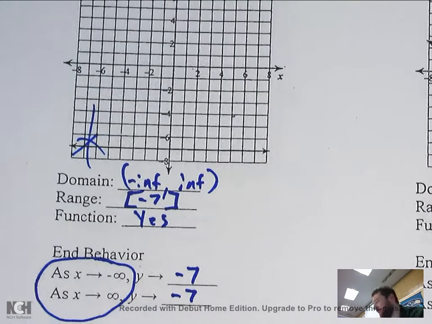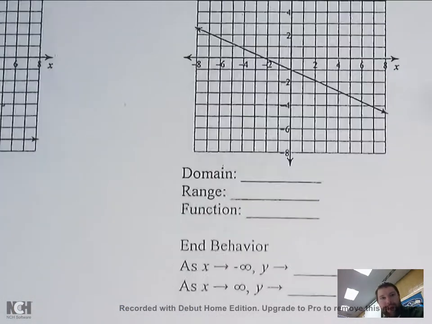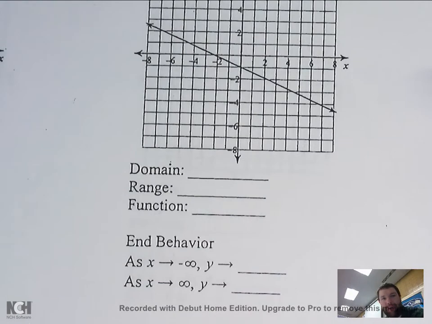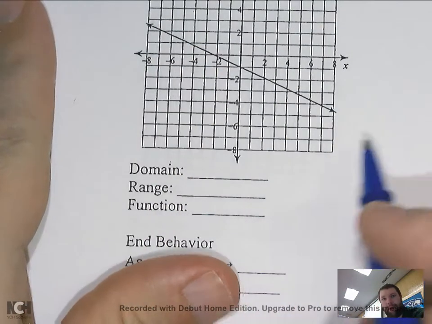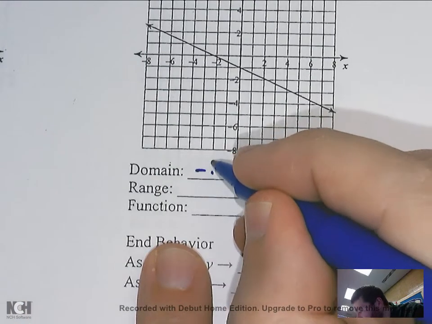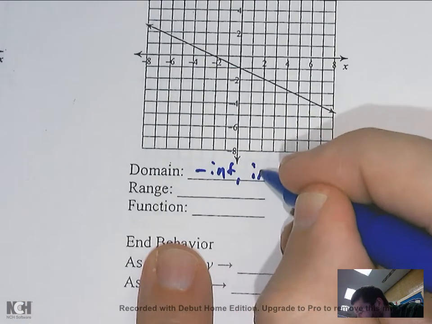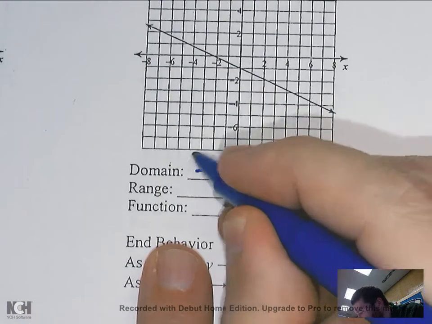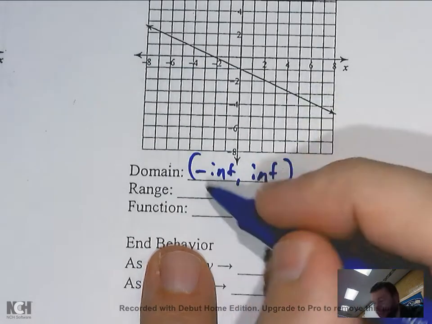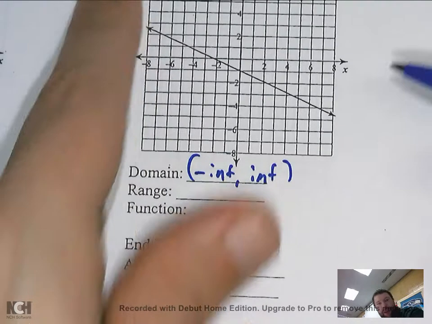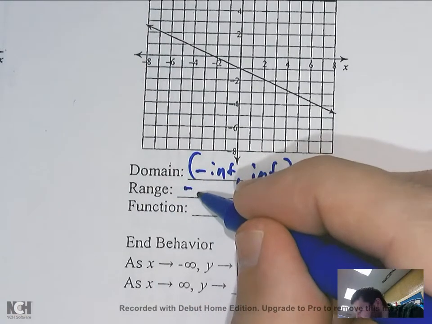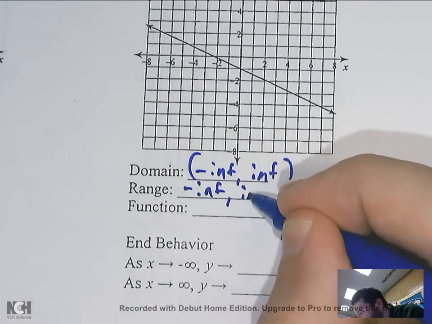Okay? I'll do one more, just to make sure we got it. So, domain and range. So another diagonal line, again, going left forever, going right forever. Domain, -infinity, and infinity. Diagonal lines will always have the same domain and range, which is to both infinities, because it's going down forever, and it's going up forever, right? -infinity to infinity.